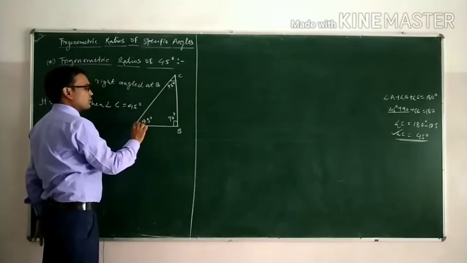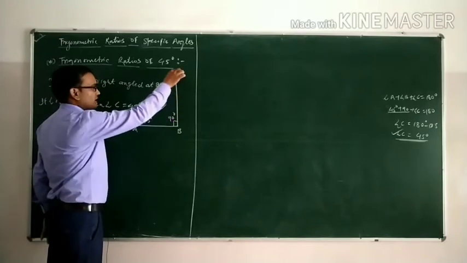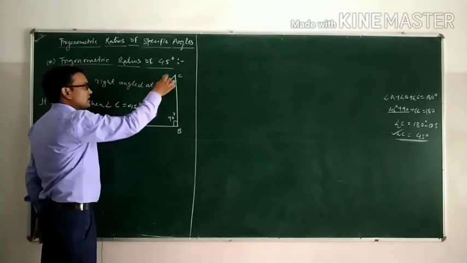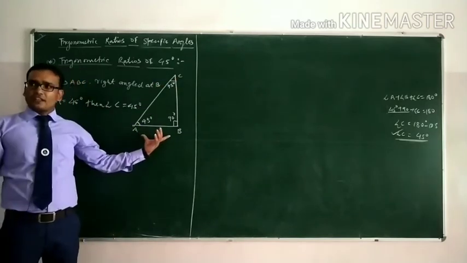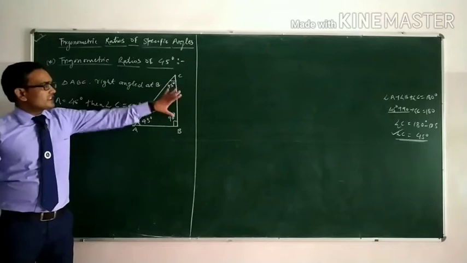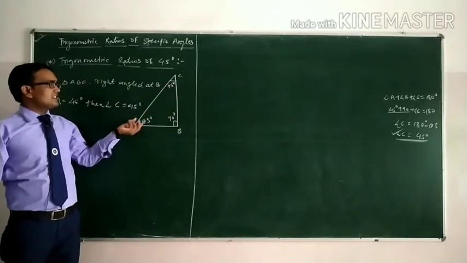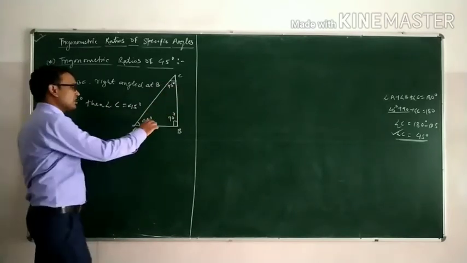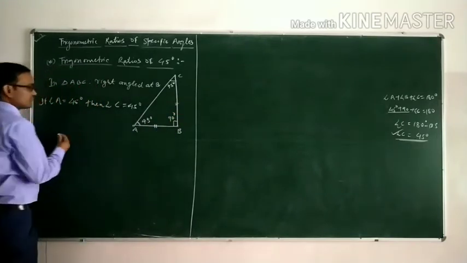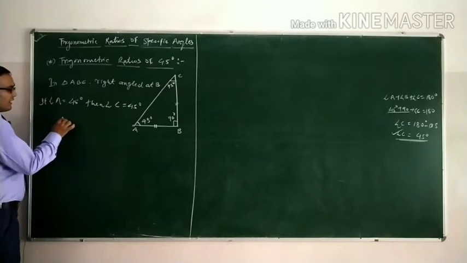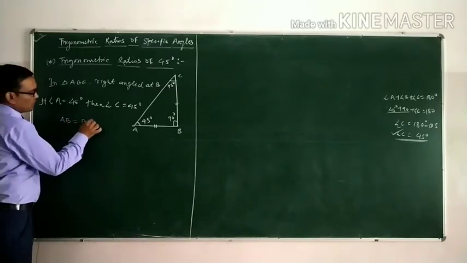Opposite side of angle C is AB and opposite side of angle A is BC. Both are equal. Okay students, that means AB equal to BC.